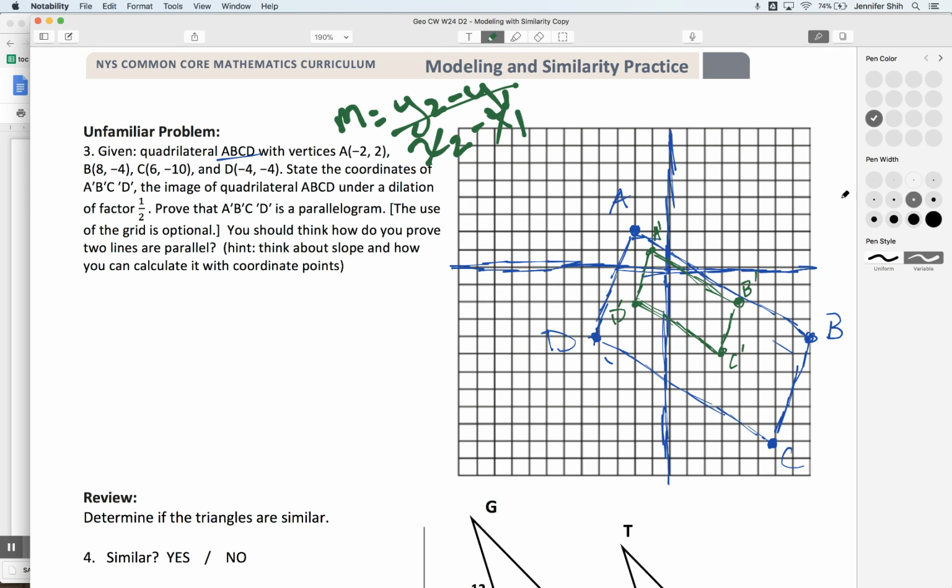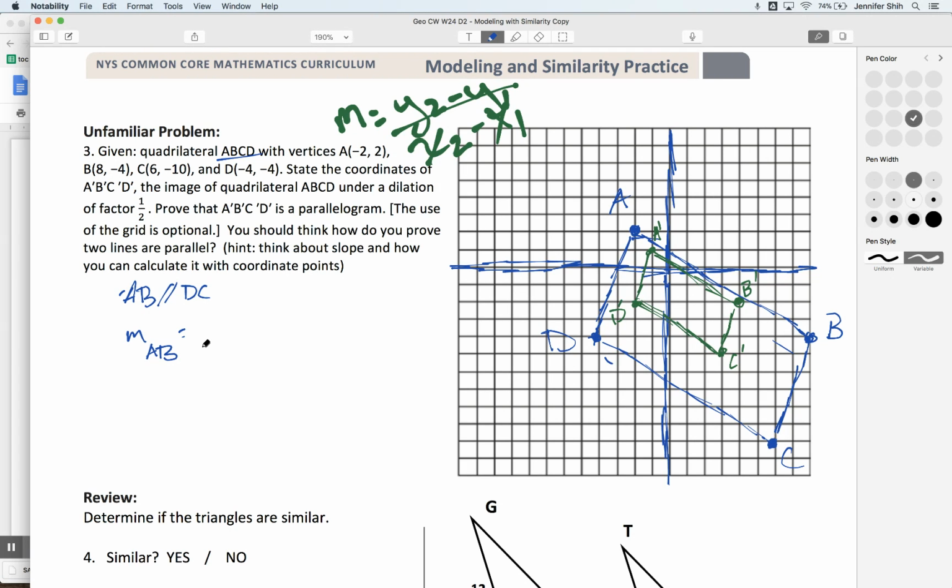So you have to see if AB is parallel to DC. You have to find the slope of AB, which is, oh no, I should have written them down. They're up here.